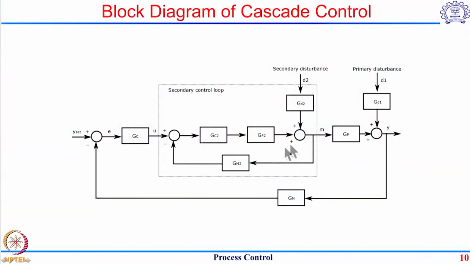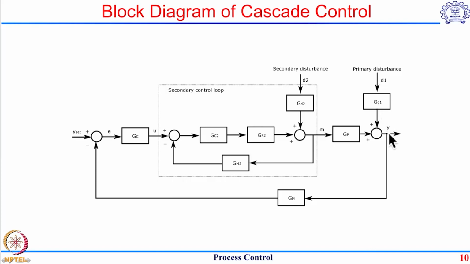So in terms of block diagram, if I want to show how this strategy looks, you can see that the original process is here, which is the transfer function between the fuel flow and the temperature, and this is the disturbance transfer function, where the primary disturbance, let us consider, is in the inlet temperature of the process stream.